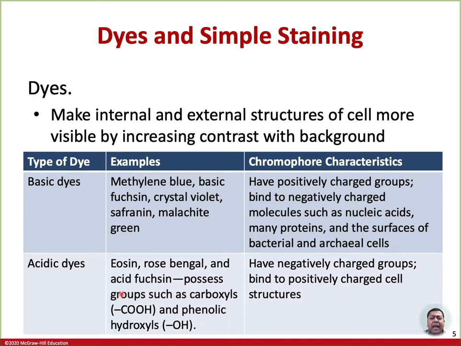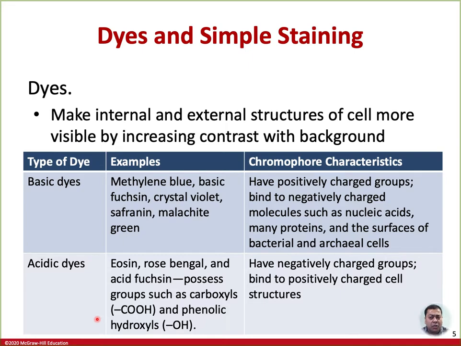These negatively charged groups bind to positively charged cell structures. Interestingly, many cellular structures don't have positively charged groups, so many times we use these acidic dyes to stain the background, and these are used for negative staining.